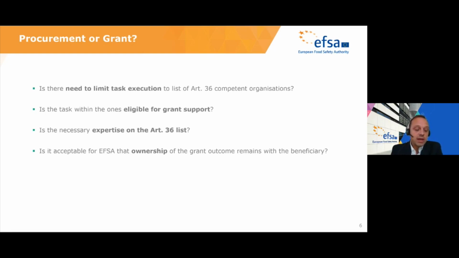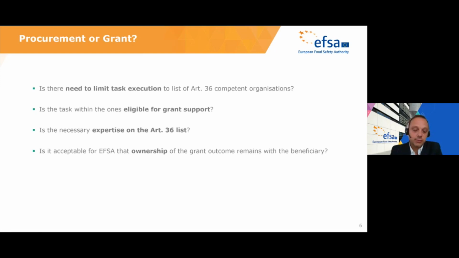Another question is whether the task itself that we need support on is among those eligible for grant support, because not everything can be outsourced by EFSA. There are activities listed in Commission Regulation 2230 of 2004, and in Article 4 there is a list of the areas where EFSA can outsource.